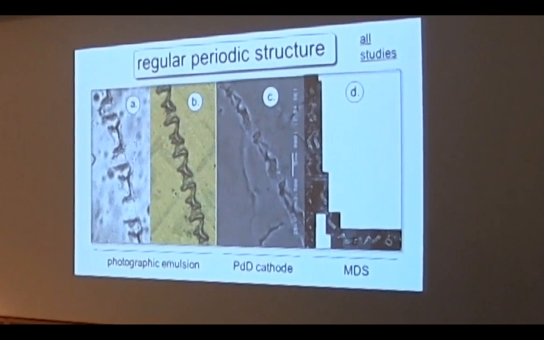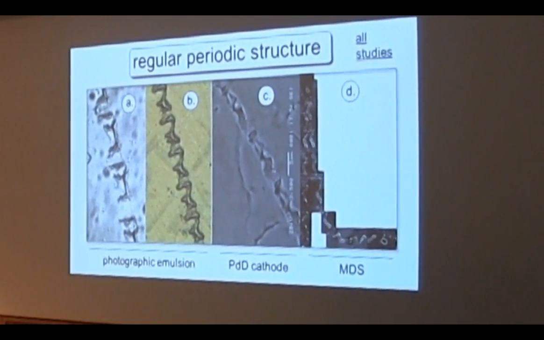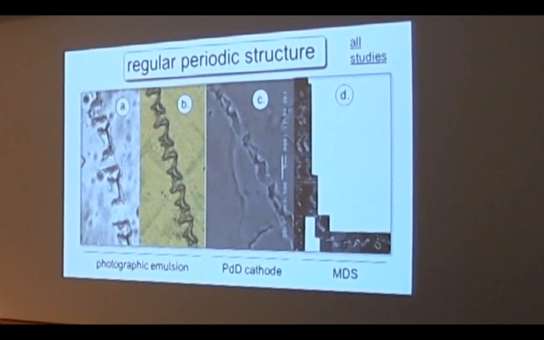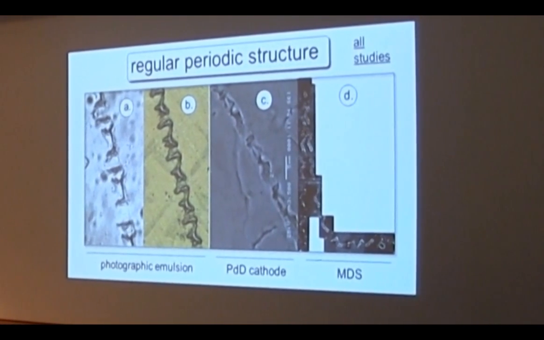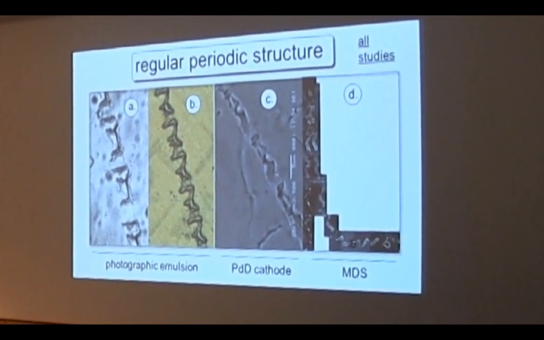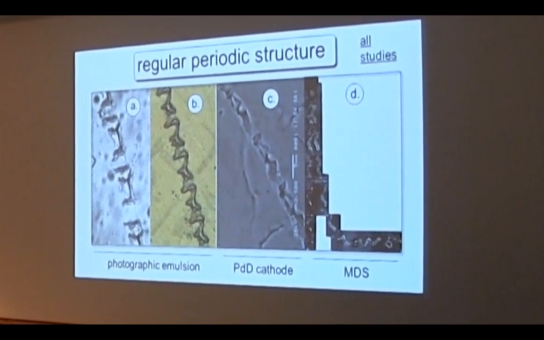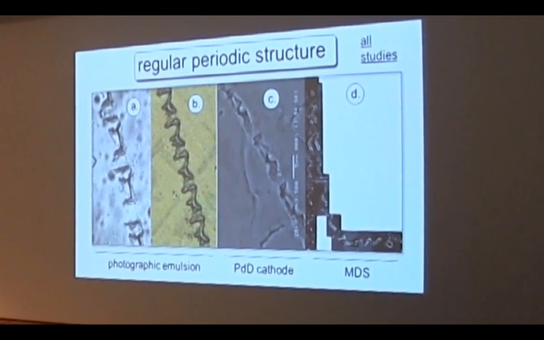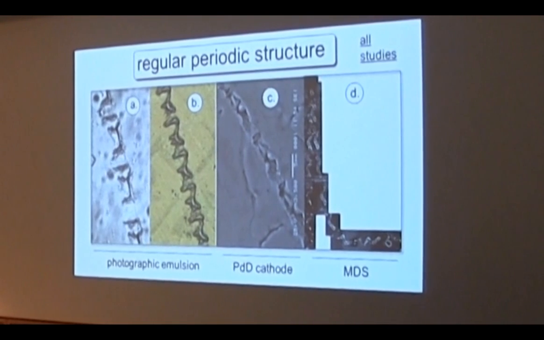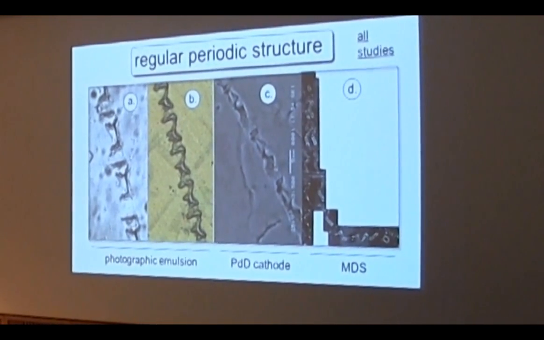The first track property we look at is regular periodic structure. Track A shows one of hundreds of these types of periodic tracks that I found in my own data. Track B is a periodic track on photographic emulsion from Rodionov and Savvatimova in autoradiographic emulsion.